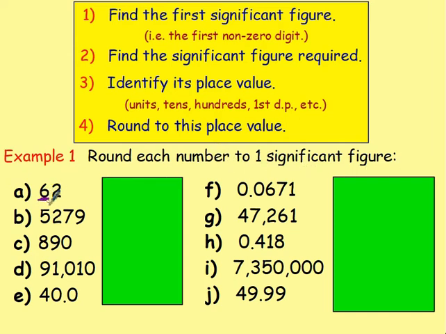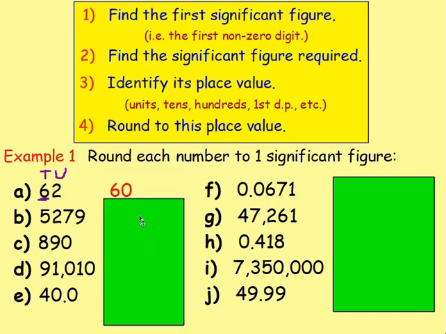So we're just looking at the 6. If we think about its place value, is that in the hundreds, the tens, the units? Is it in the first decimal place? Well, it's obviously in the tens. That is the tens column there, and then the units beside it. So we would round that number to the nearest 10 because that 6 is in the tens column. And to the nearest 10, that is brilliant, it is 60. So that would be our number to 1 significant figure.